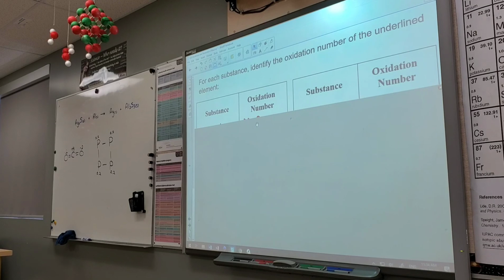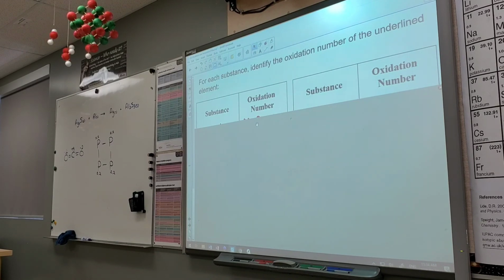But the I here, right? Treat the ions separately.